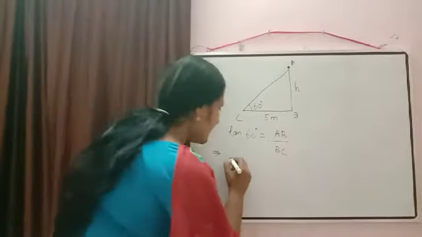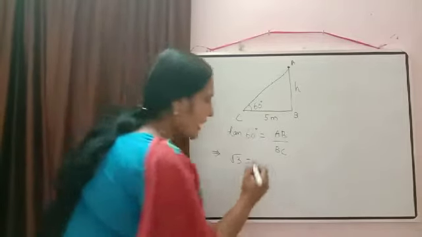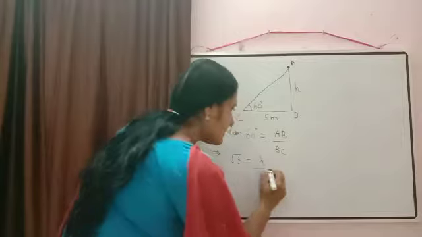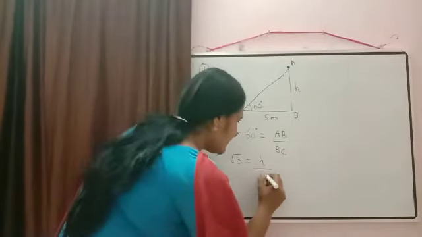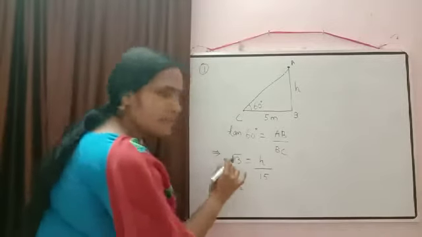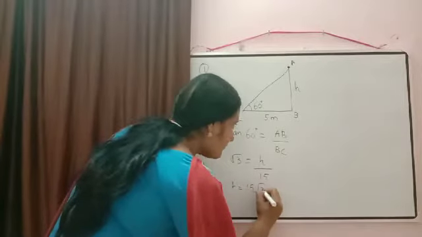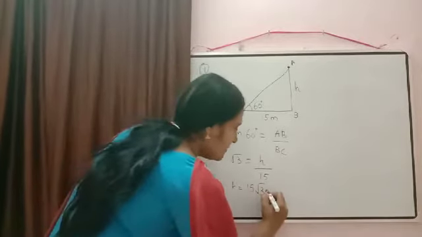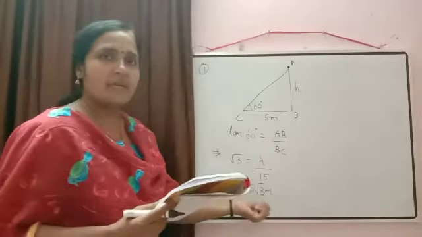Yes, tan 60 degree is root 3, equal to AB which we have to calculate, so just write down as it is, h. BC how much is it given? 15. So from here, if we shift 15 to the left hand side, it will get multiplied. So just write down 15 root 3 meter. So we got the height of the tower as 15 root 3.